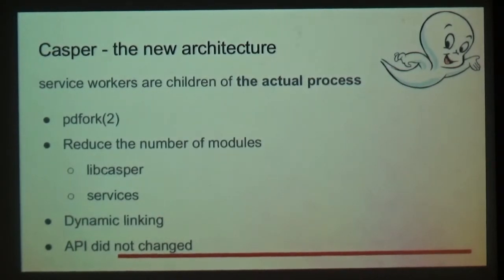So we also reduced the modules which we needed. We now only have libcasper and service. If we look at the previous implementation, we always needed libcapsicum, and we also needed the part which was inter-process communication between Casper and the process, and we also needed the implementation of this service.